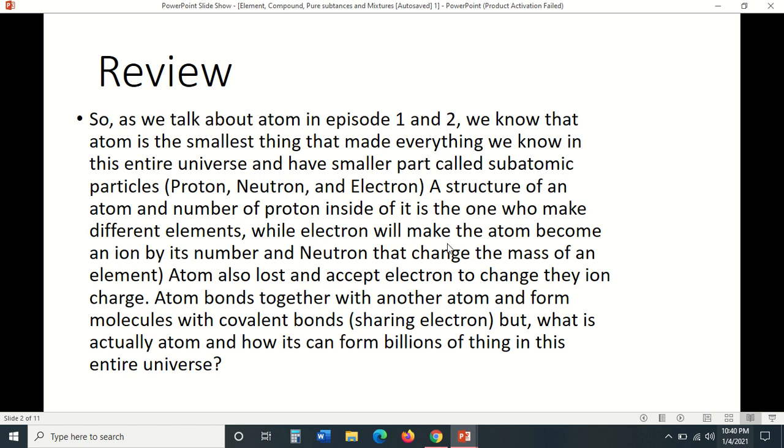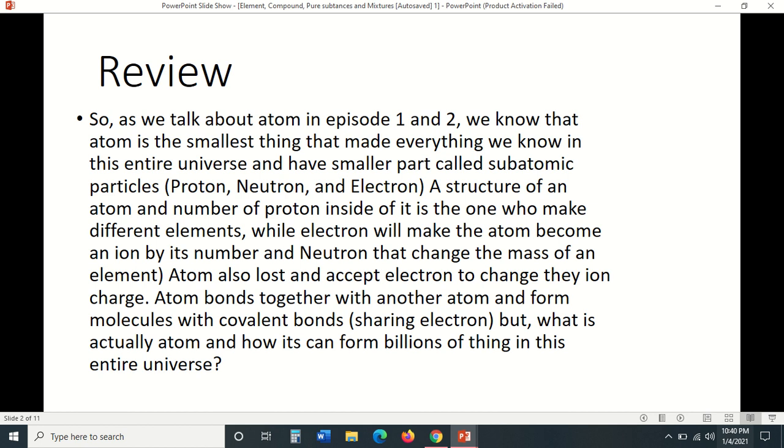While the number of electrons in the structure of an atom will make the atom become an ion. If there are fewer electrons than protons, the atom becomes a cation. If there are more electrons, it becomes an anion. So whether the ion is positive or negative depends on how many electrons there are.